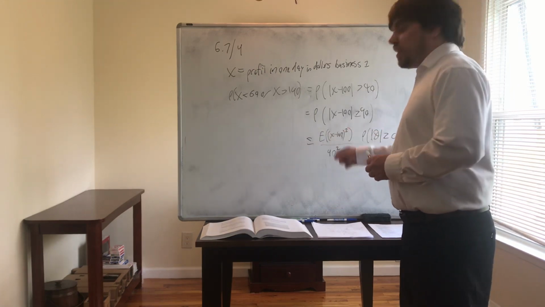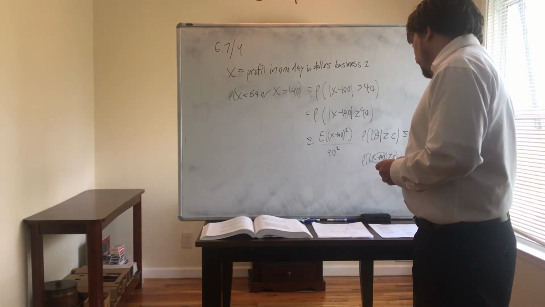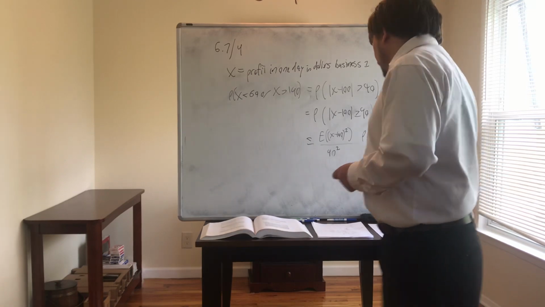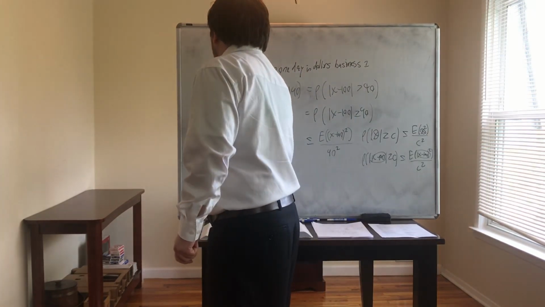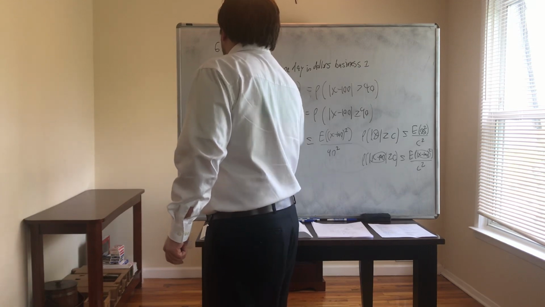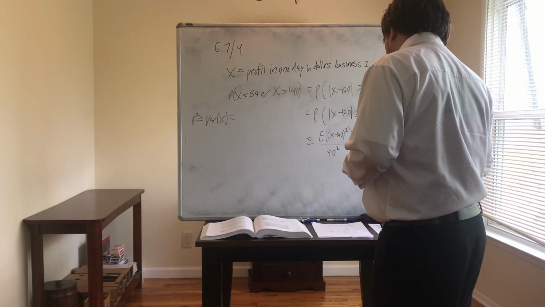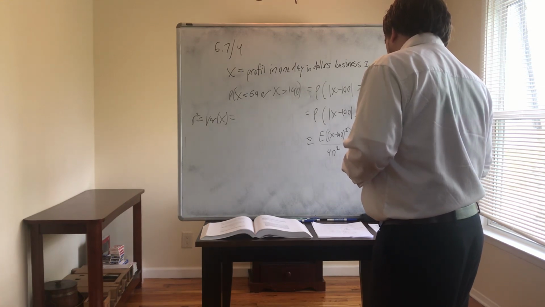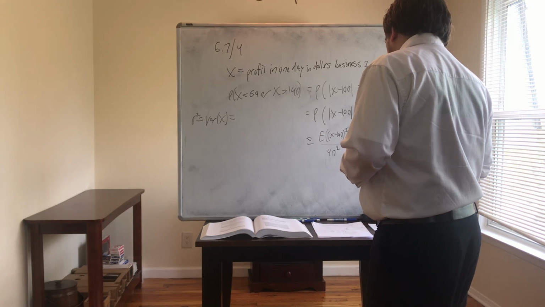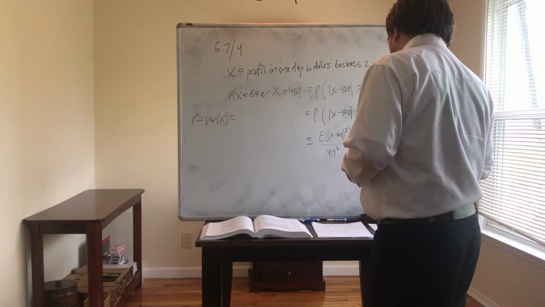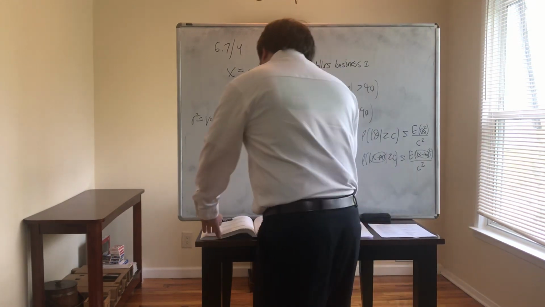Okay, so now we just need to find E of X minus 100 squared. Well, the variance, sigma squared, is the variance of X. Actually, wait.